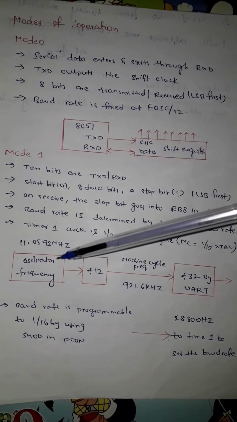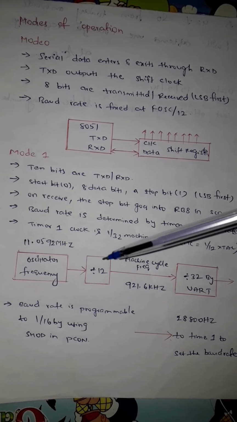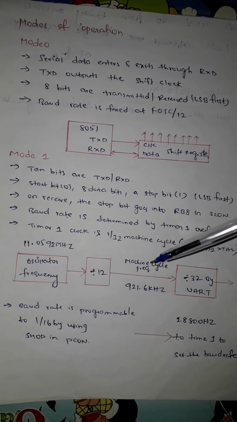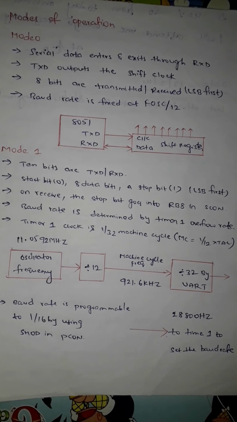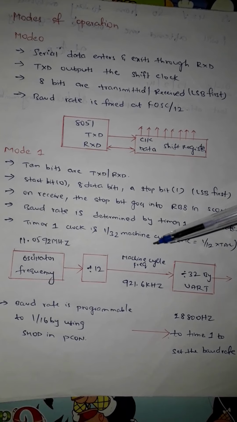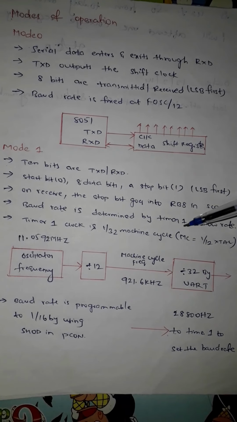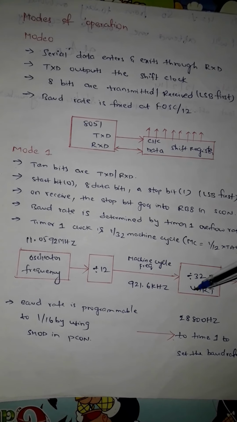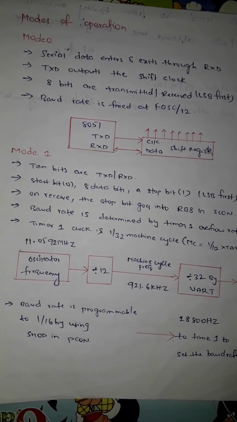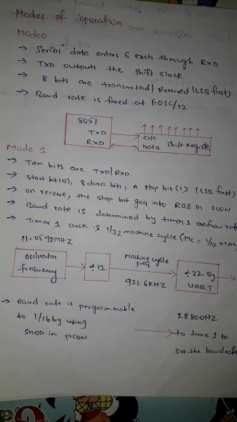We know the oscillator frequency is 11.0592 MHz, which divided by 12 gives the machine cycle frequency, since a machine cycle has 12 clock cycles. So you get the machine cycle frequency as 921.6 kHz. This is divided by 32 or 16 by the UART to generate the baud rate through the timer.